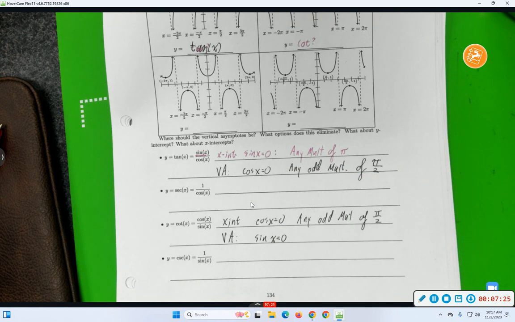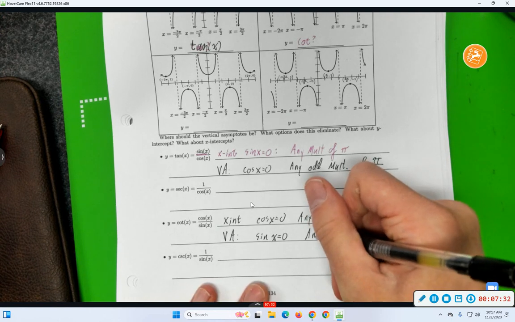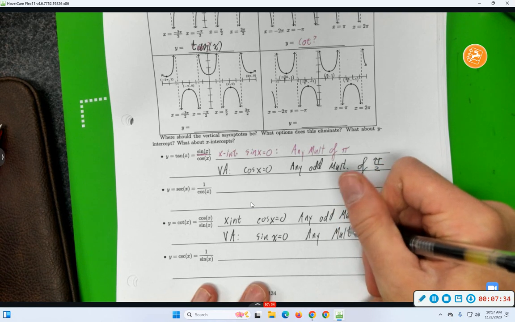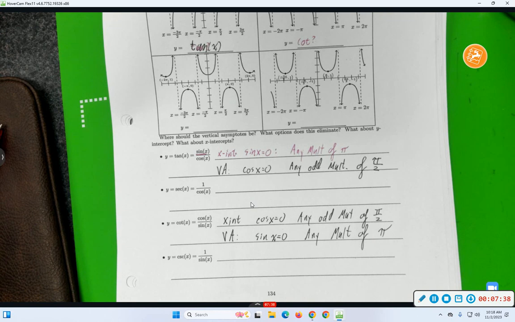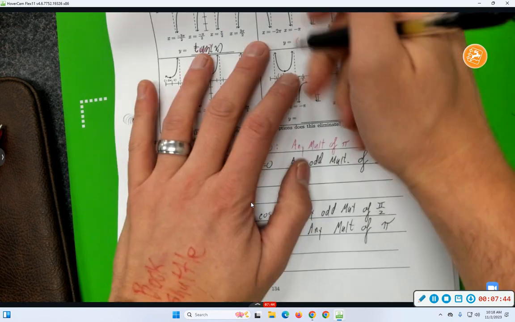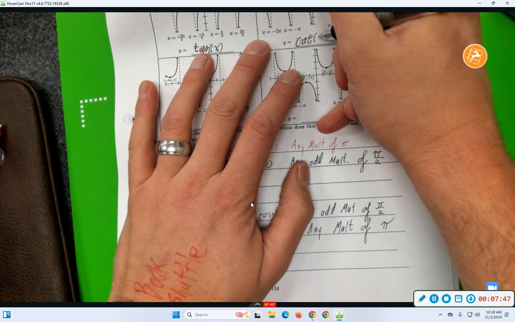Oh, have I already written down when sine of x is 0? Any multiple of pi? Is the graph labeled as cotangent with a question mark consistent with that? Cool. I think I believe it. There's the graph of cotangent of x.